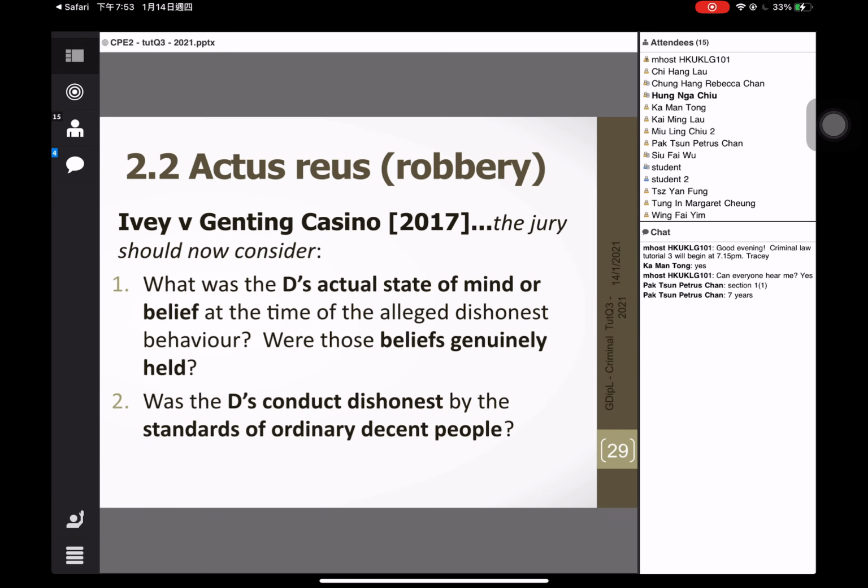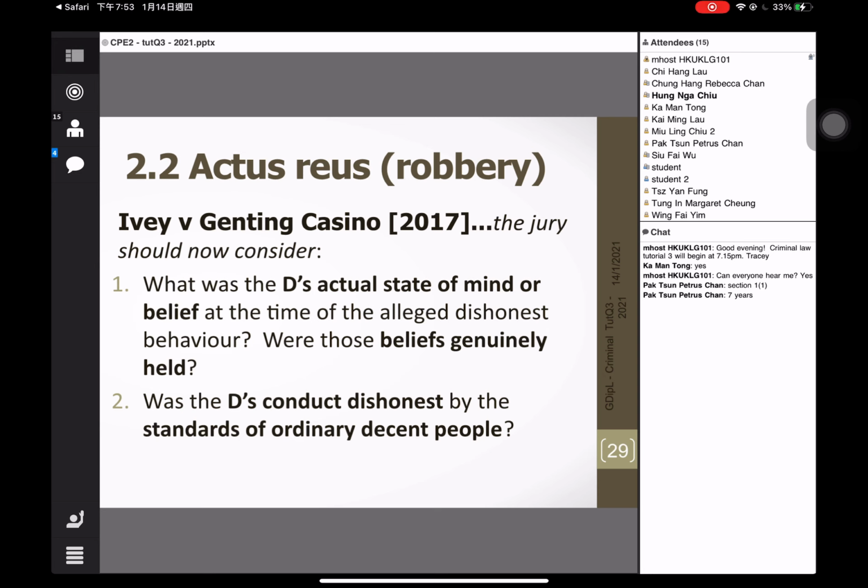So here the test is, we look at what Oliver does, his state of mind, his belief, and whether he honestly believes these things, so that we look at the circumstances, if you like, as the defendant believed them to be, and then we ask the question, was the defendant's conduct dishonest by the standards of ordinary decent people, bearing in mind the view of the defendant.